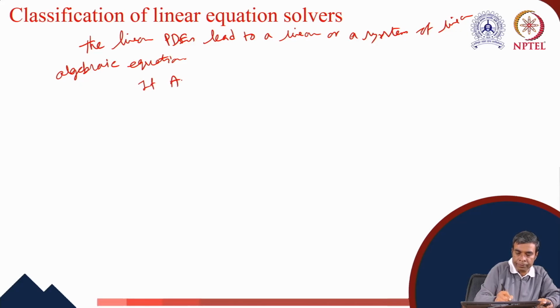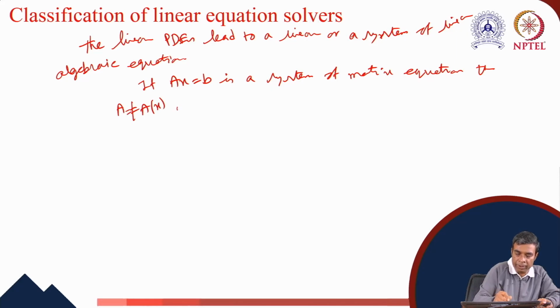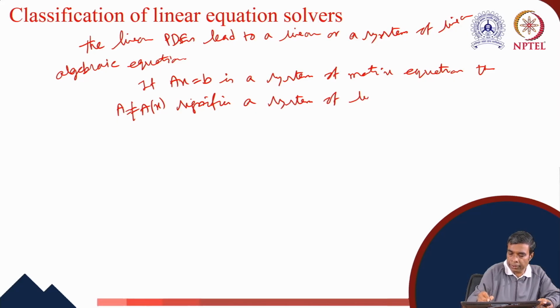If Ax equals B is a system of matrix equations, then A not equal to a function of x, or a function of the degree of freedom, signifies a system of linear algebraic equations.